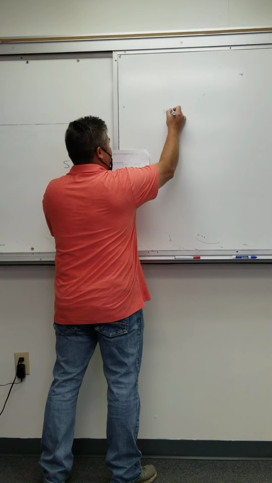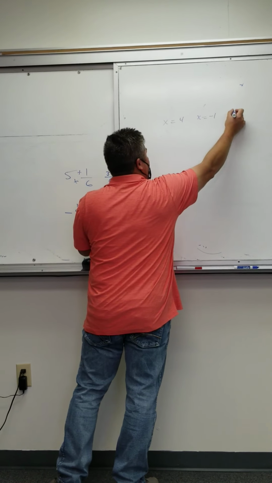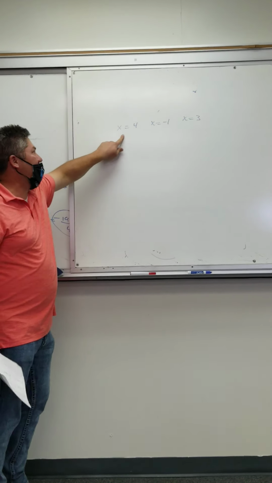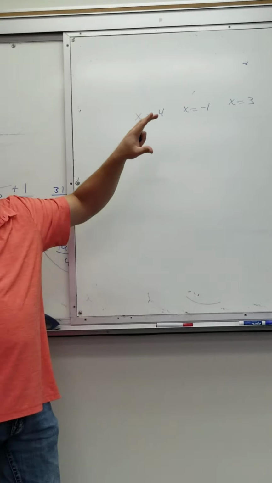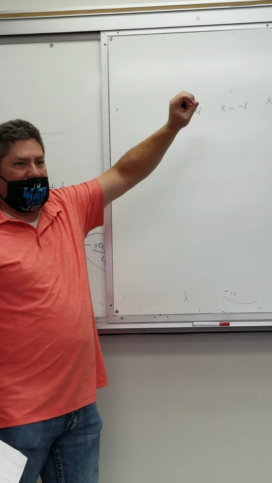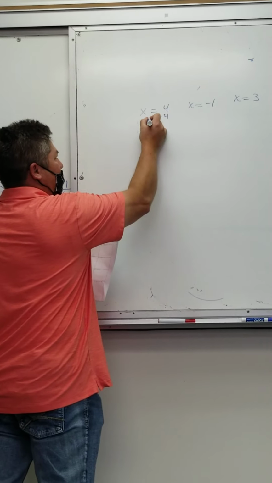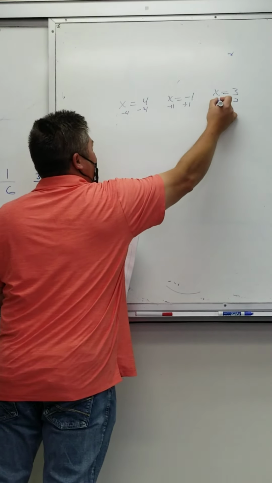Because what this is really saying is x equals 4, x equals -1, x equals 3. What I'm really doing is setting each of these factors equal to 0. So I'm setting them equal to 0 by taking the opposite sign of the number values. In other words, I'm going to subtract 4, add 1, minus 3.